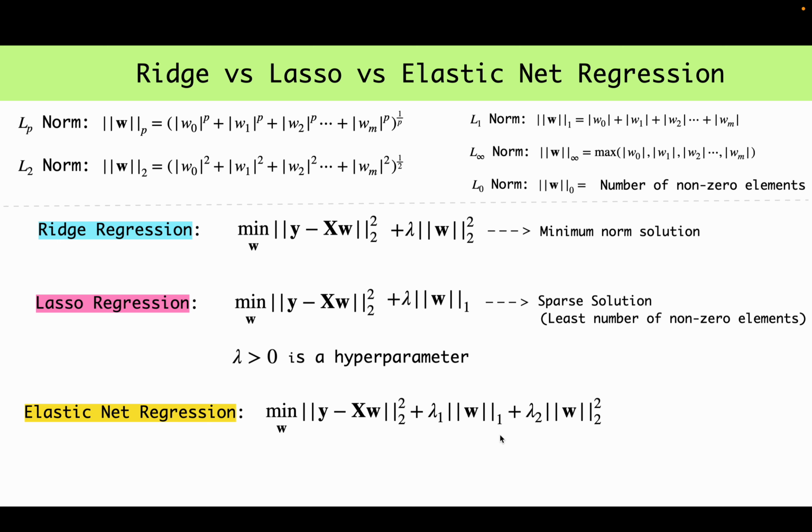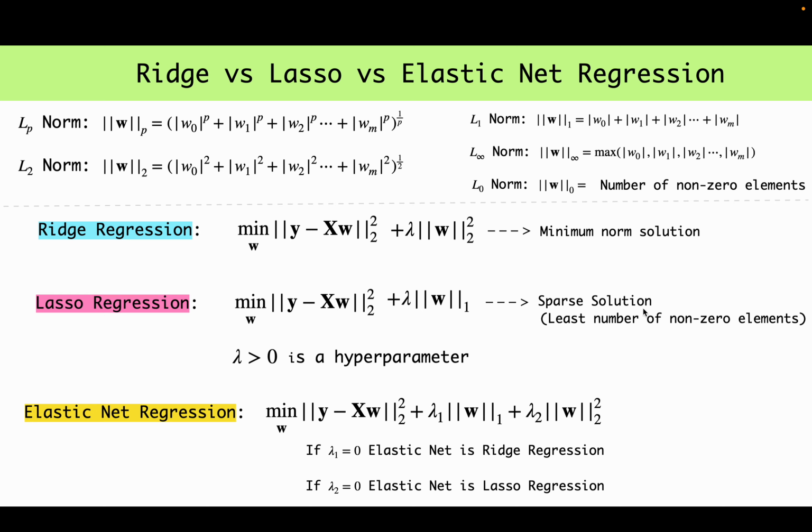If lambda 1 is high, the sparsity would be high, and if lambda 2 is high, the L2 norm would be emphasized, and thereby it constrains the weight values. So that's how you can control both L1 and L2 norms in a single minimization problem. So elastic net is about applying both L1 norm and L2 norm.